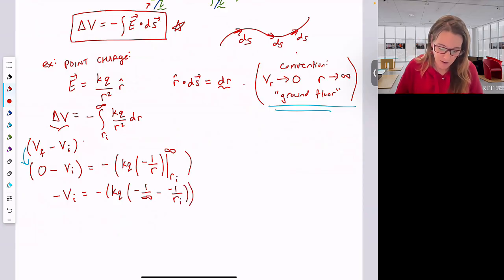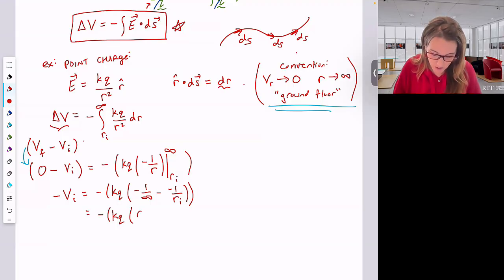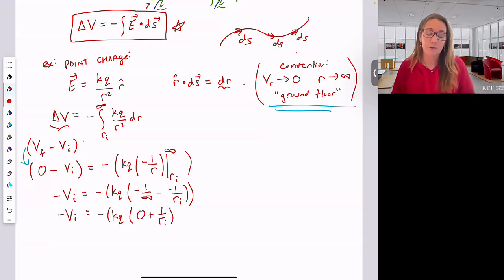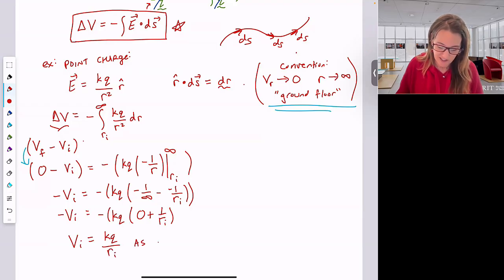And so that becomes negative kq times, negative 1 over infinity is just 0, plus 1 over r initial. And so that gives us negative V initial equals negative kq over r initial. And so we can get rid of our negative signs, and V initial is kq over r initial, as expected.